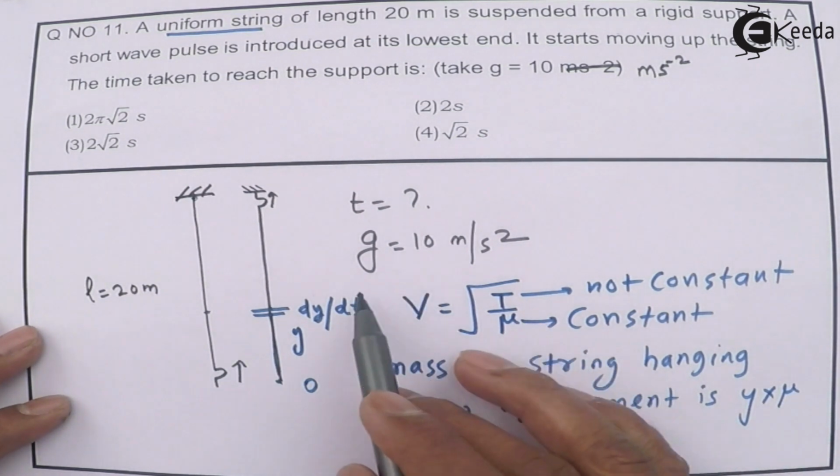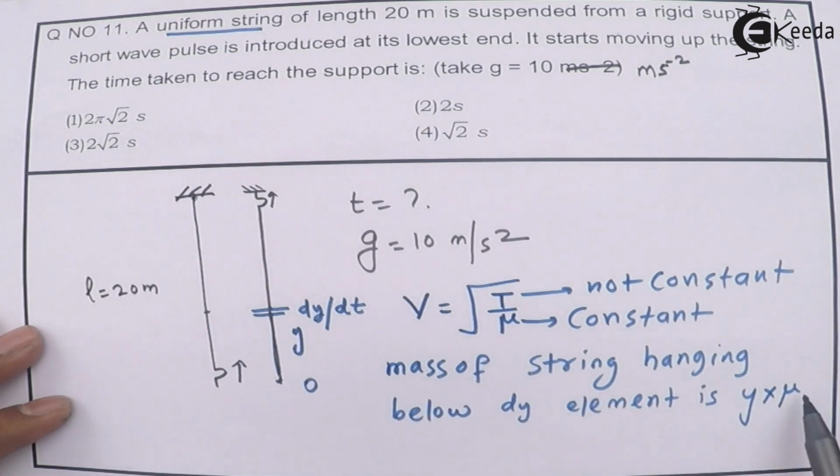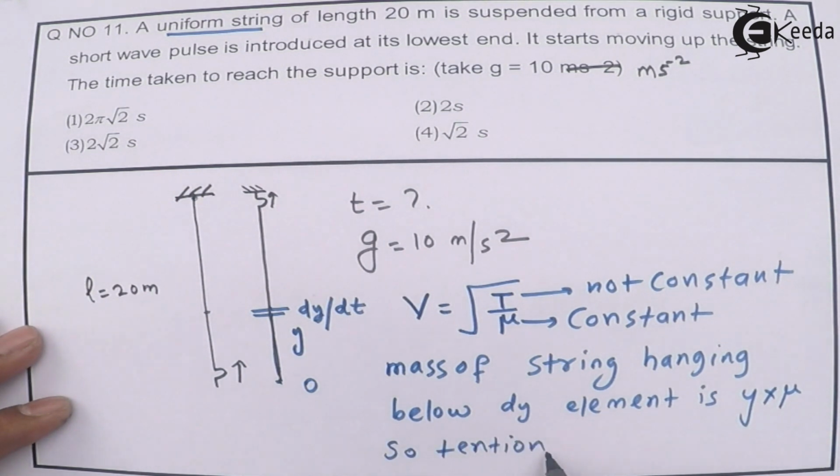Why mu? Because mu stands for mass per unit length, and multiplied by this length of string it gives you the mass. So tension T becomes mass into g, so it is mu y g. This is the tension.